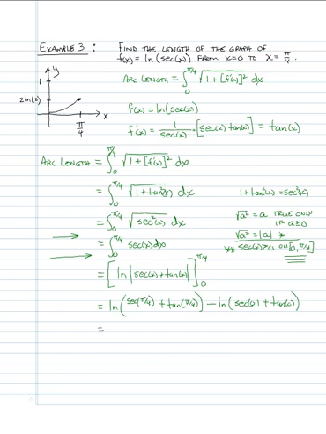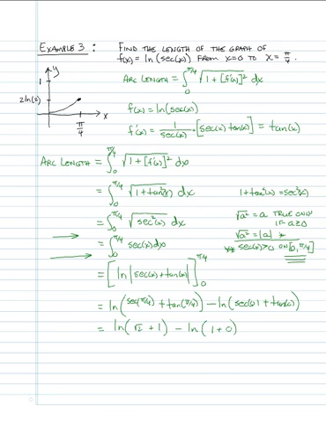Okay, so in this first natural logarithm, we know that the secant of pi over 4 is the square root of 2, and the tangent of pi over 4 is 1. So we have natural log of square root of 2 plus 1 minus the natural log. In the second argument, we know that the secant of 0 is 1, and we know that the tangent of 0 is 0.